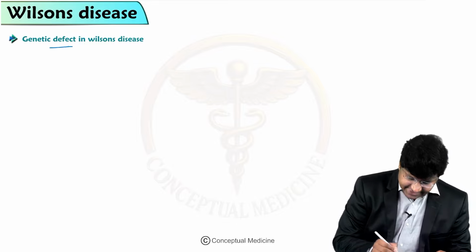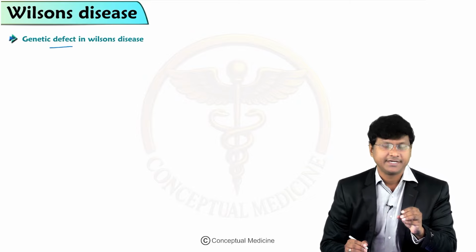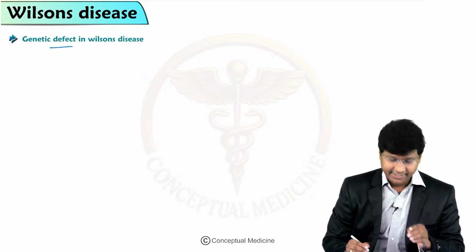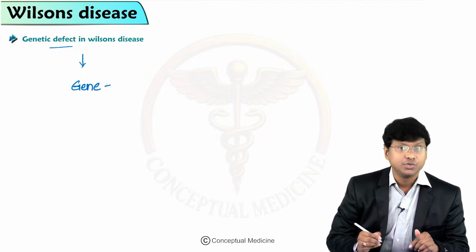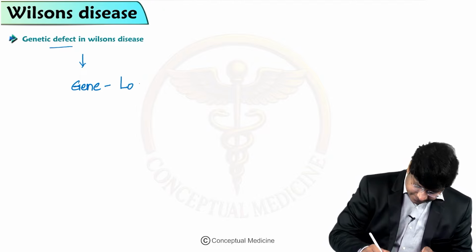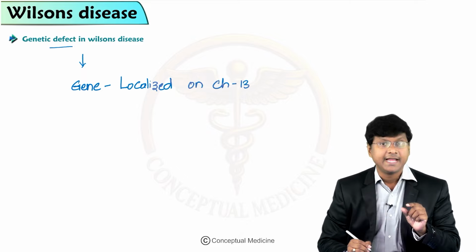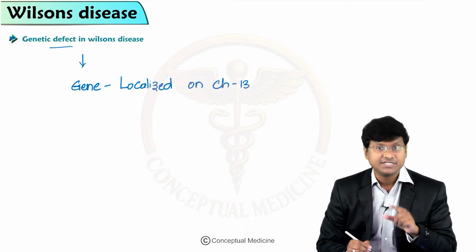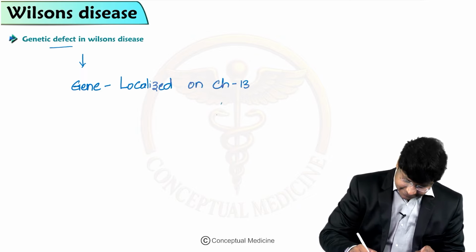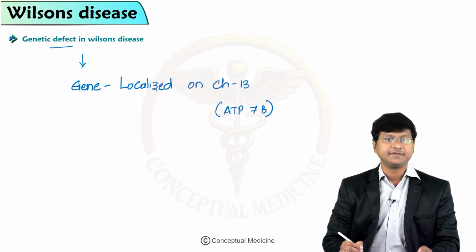The genetic defect in Wilson's disease is that the abnormal gene is localized on chromosome 13, and the gene is the ATP7B gene.